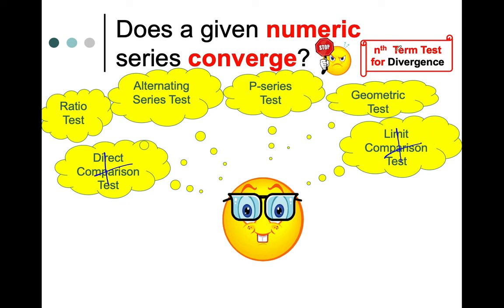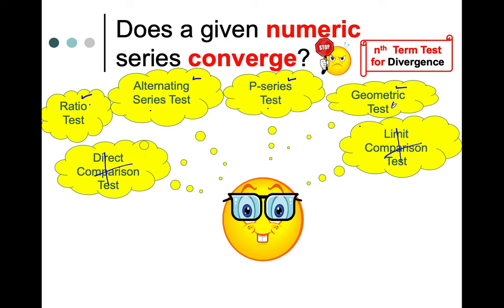So if your nth term test shows that your terms do go to 0, your next shot is to say, does the series look geometric? Does the series look like a p-series? Is the series alternating? Does the series have a bunch of factorials, powers, and exponentials in it? And that helps you decide which one of these 4 tests to run on it.